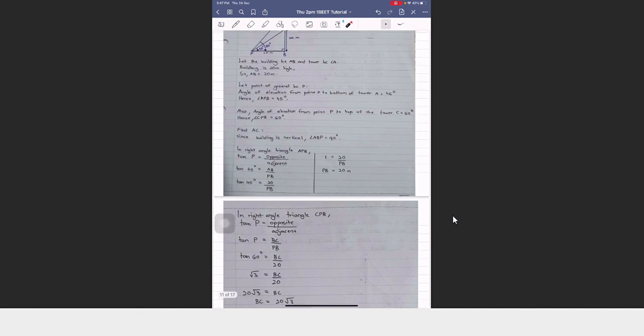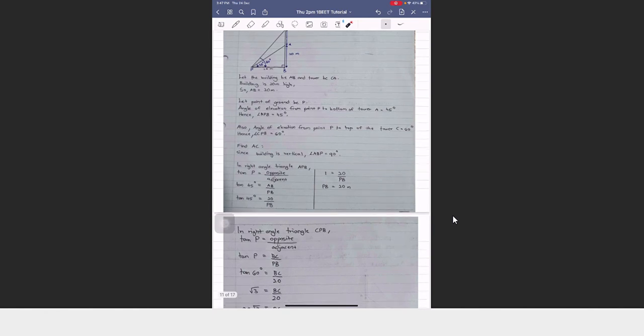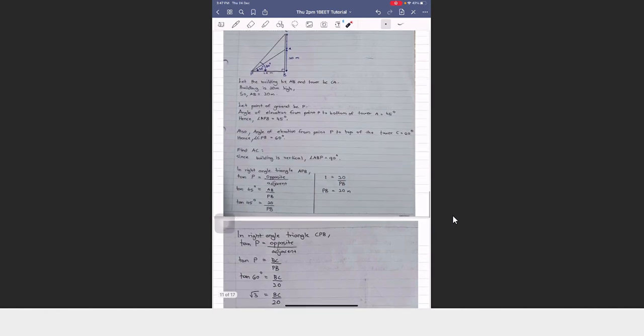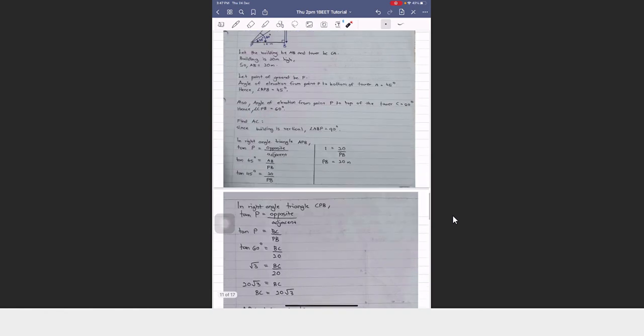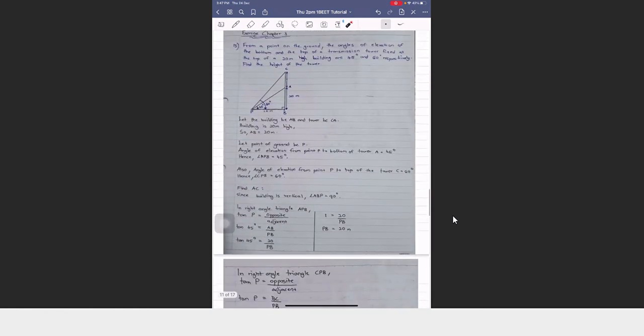In right angle triangle CPB, tangent 60 equals BC over 20. So BC is 20 tangent 60. I suppose this is correct. So you just need to find the whole height and then subtract, isn't it?